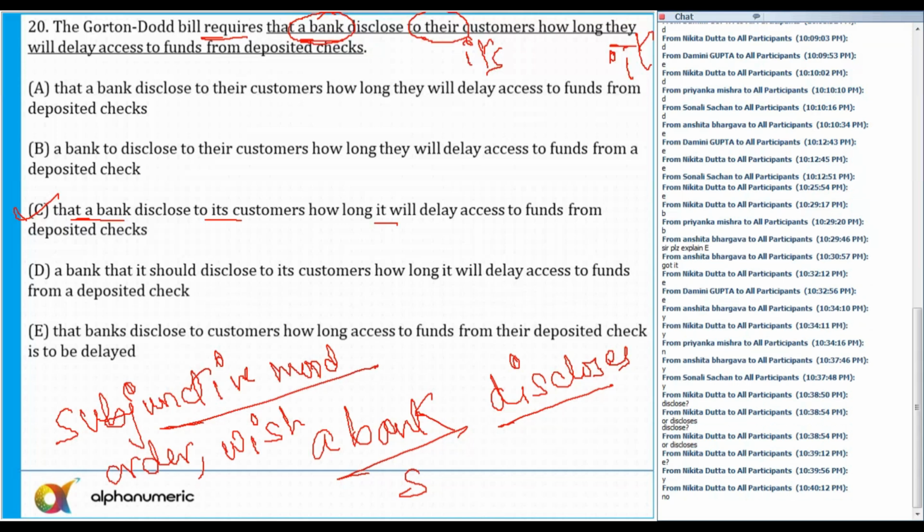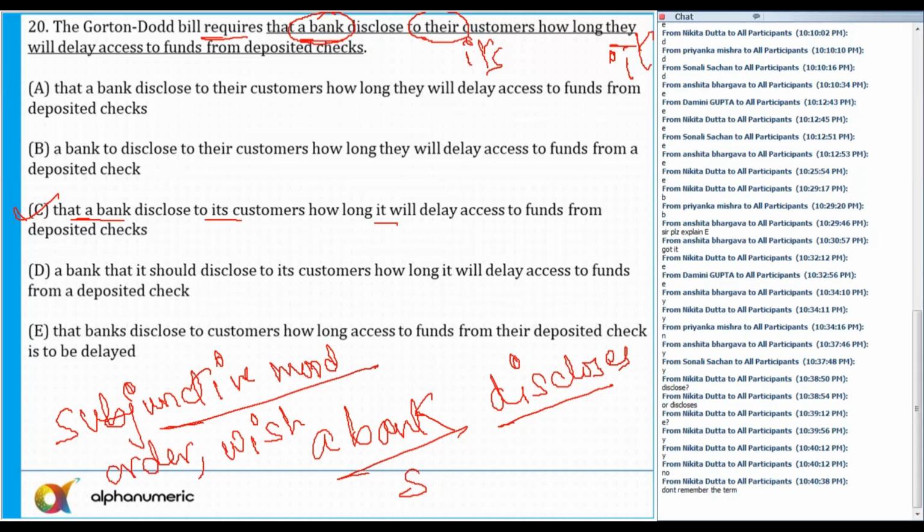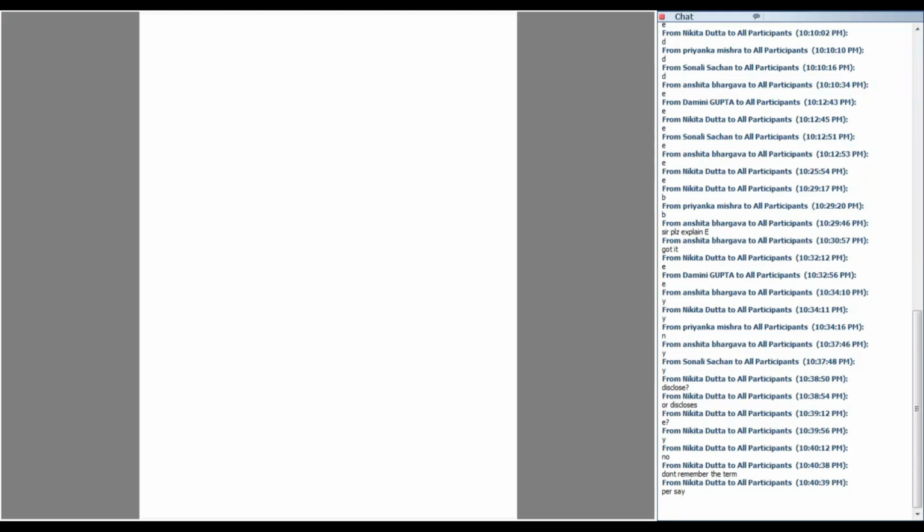In the subjunctive mood, whenever we are using sentences in which we want to give an order, make a request, or express any wish, then the subject verb agreement rules do not apply.